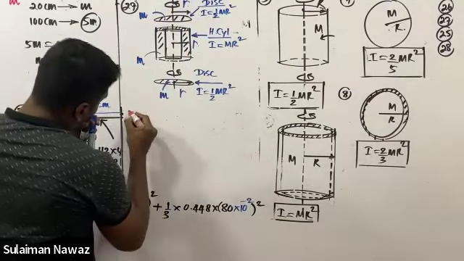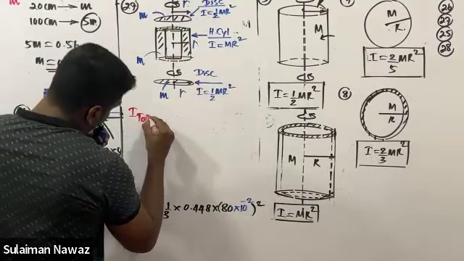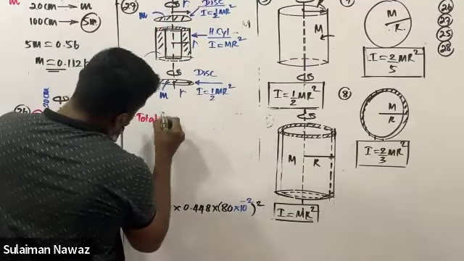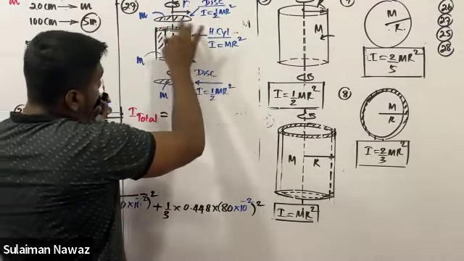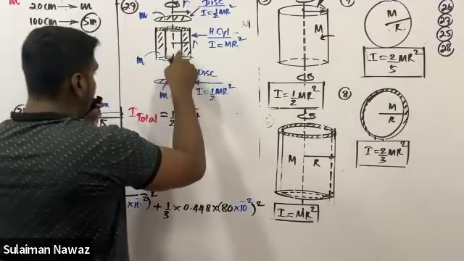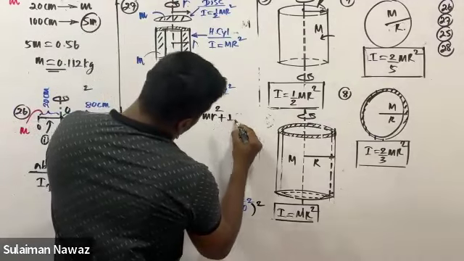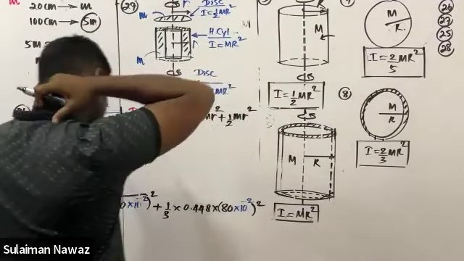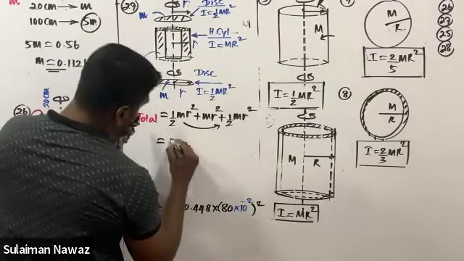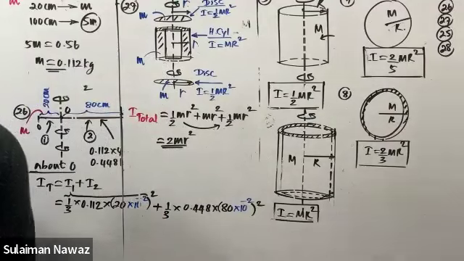So total moment of inertia about this axis: I total equals half m r squared, plus hollow cylinder m r squared, plus this one half m r squared. Finally, half plus one plus half means 2 m r squared. Hands up who got 2 m r squared before I take hands up.